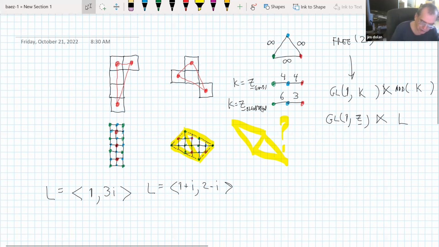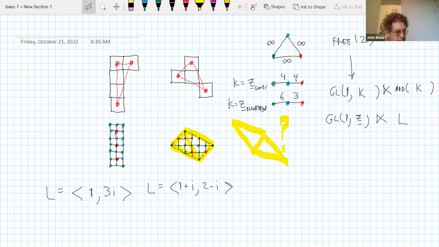So you get this rotation subgroup of the Coxeter group, which is this semi-direct product, which is the general linear group of K acting on the additive group of K. I guess it's the multiplicative group acting on the additive group. Maybe I should have written it as multiplication acting on the additive group.